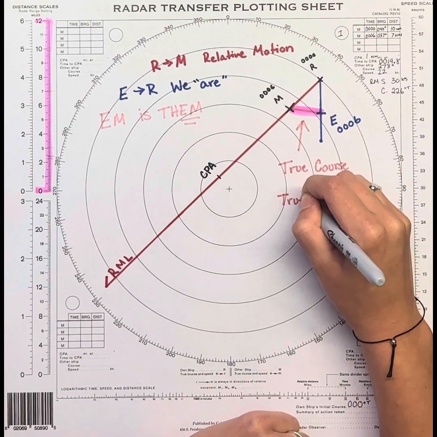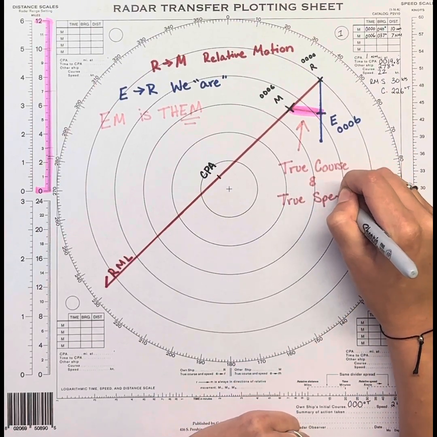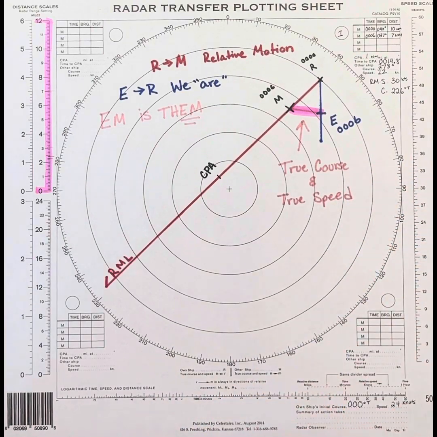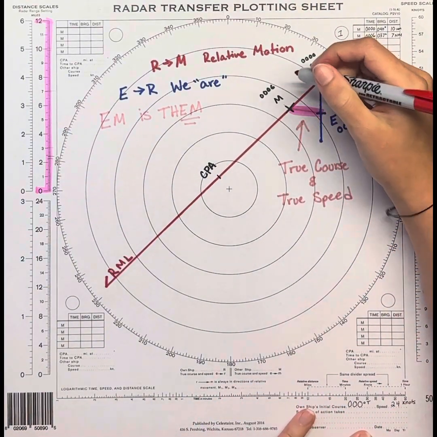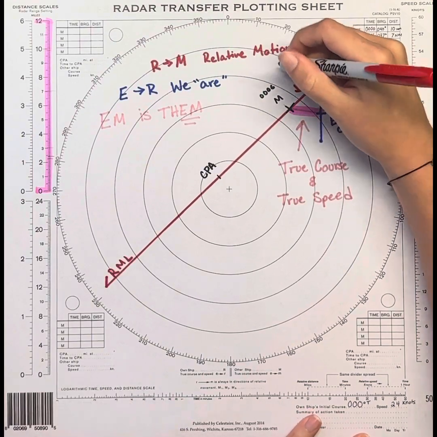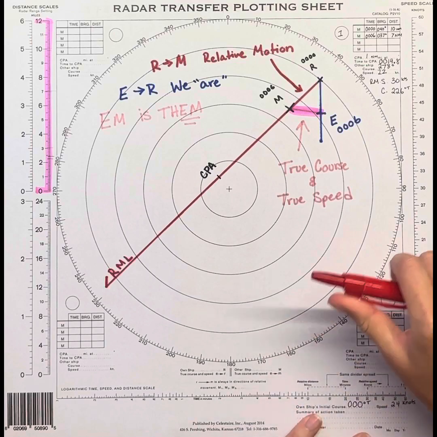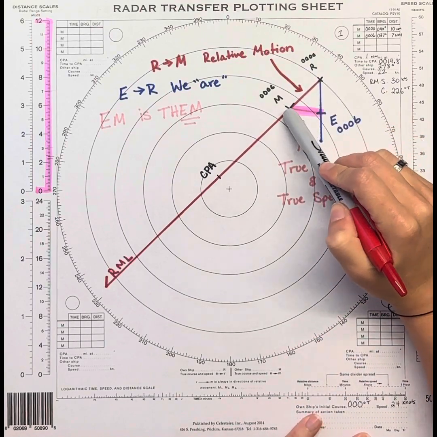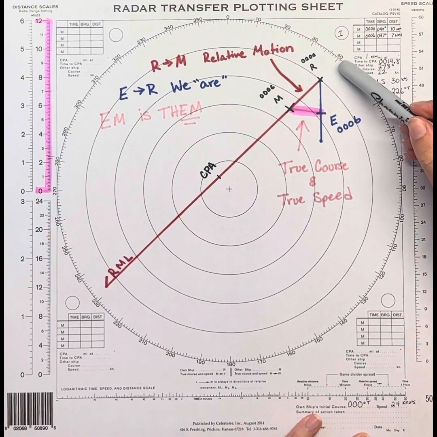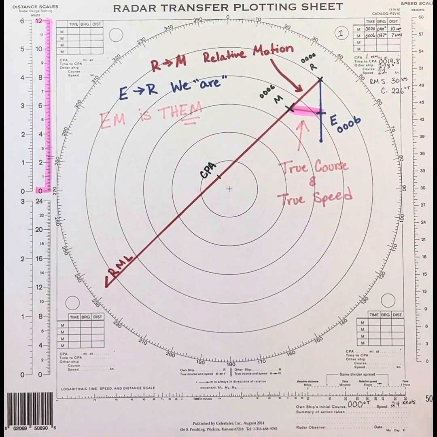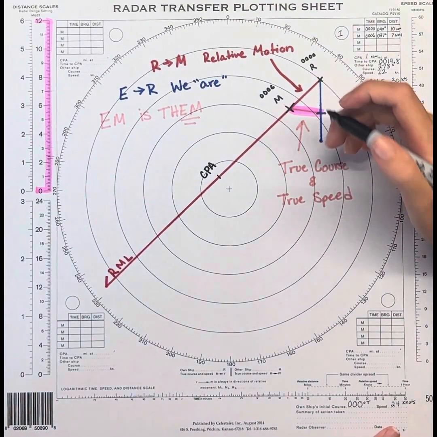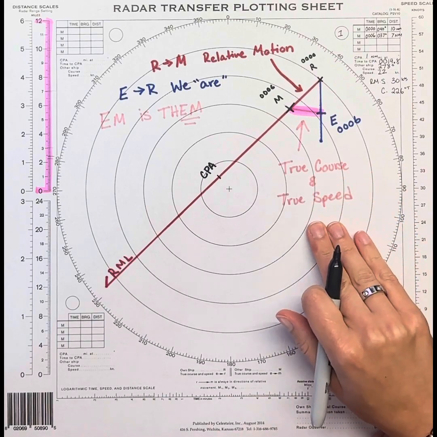E to M is them. R to M is that relative motion, how they are moving relative to us, how close they're going to get to us. We're able to find their CPA and TCPA from their R to M information, their relative motion. And again, E to R, we are ER. That is our ship mimicked onto their triangle.